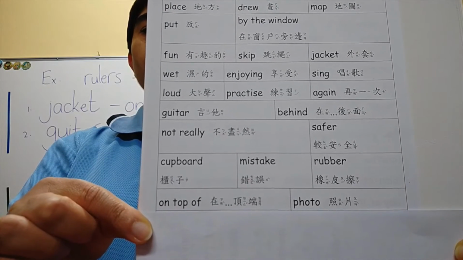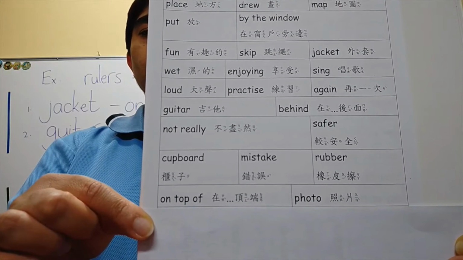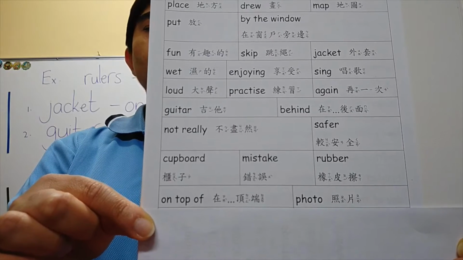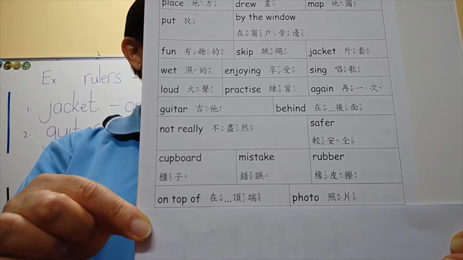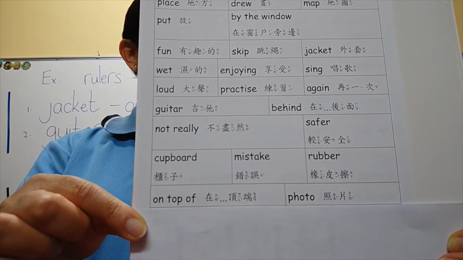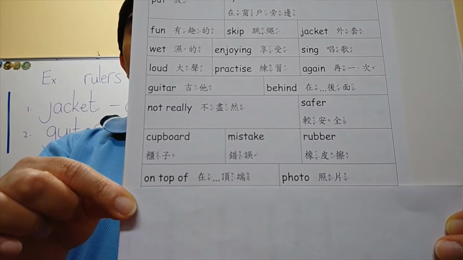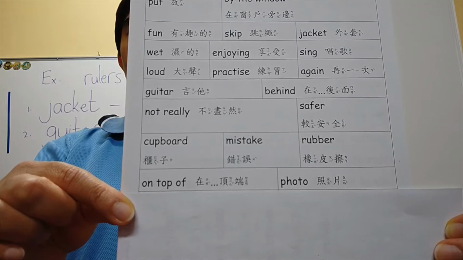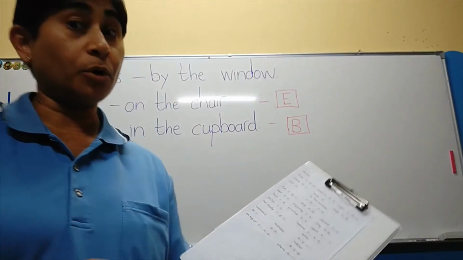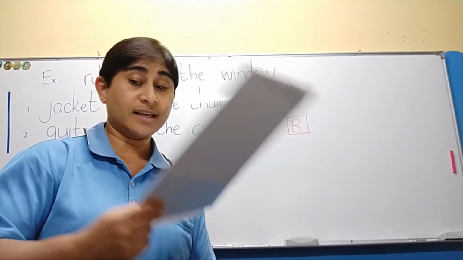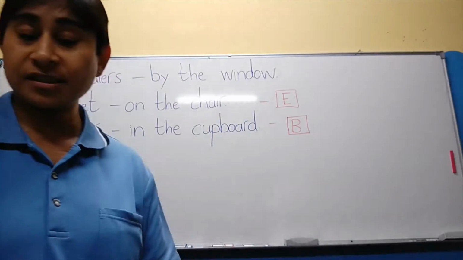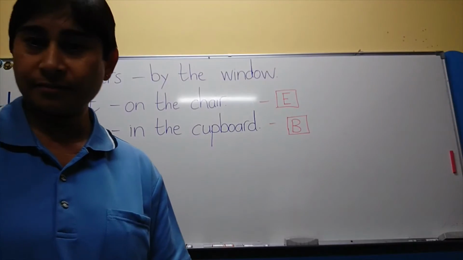On top of. Yes, on top of the bookcase. Do you know what a bookcase is? Yes, it's a little cupboard for books. You can see it in G.